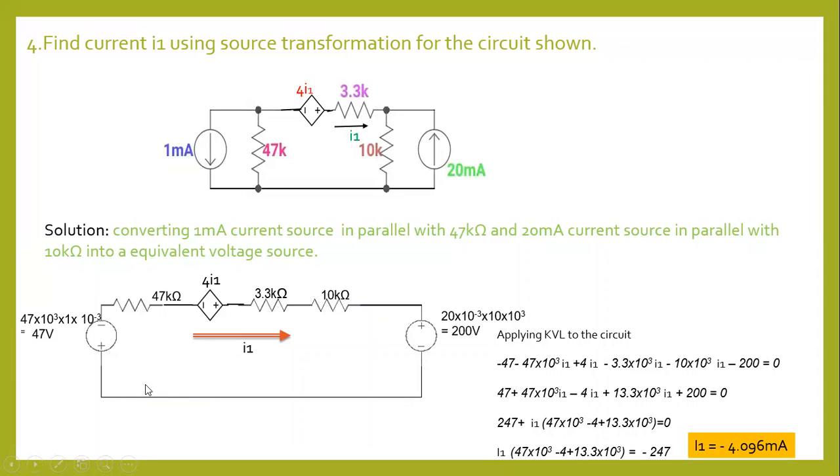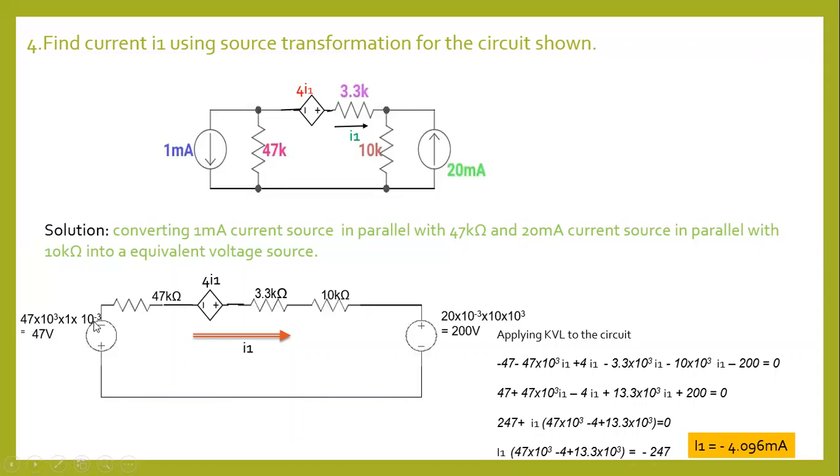Apply KVL again to this to get I1. Applying KVL to this circuit, starting from here. One more thing I forgot: the arrowhead is going downward, hence minus first and plus next, minus and plus. Even here, minus downward and plus towards the arrowhead.